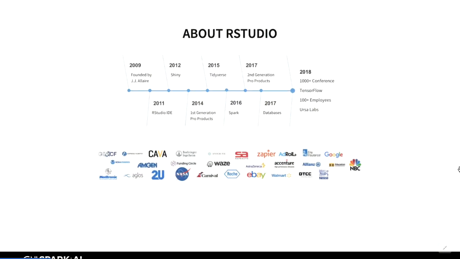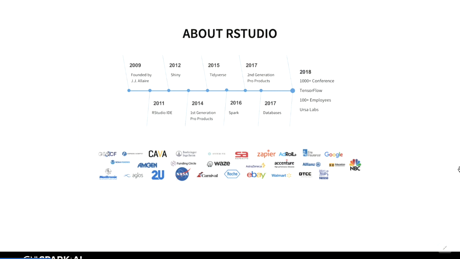Just a little bit about myself and RStudio. RStudio is a company that was founded to help develop tools around the R language. It was founded in 2009 by JJ Allaire, and one of our first products is the RStudio IDE, an integrated development environment that you might have heard of, kind of like PyCharm when using Python.